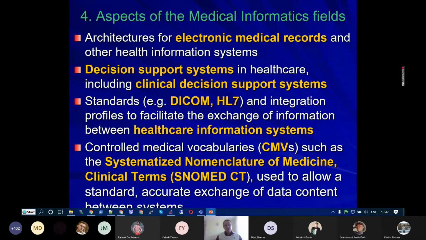So the first one is obvious: architectures of electronic medical records and other health informatics information systems. If you talk about implementation of information technologies, that is the first thing that will be visible for everybody. It's some sort of computer-based information system, a software solution dedicated to, for example, automating day-to-day routine, creating electronic patient records, collecting medical images in digital format, and so on.